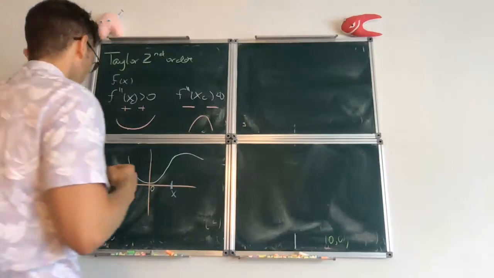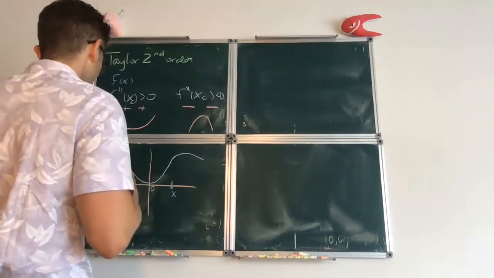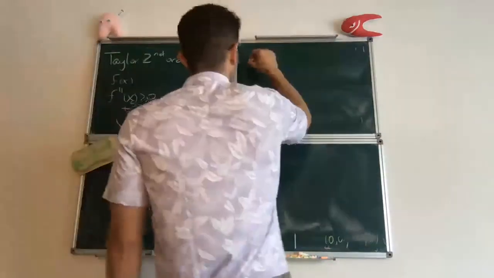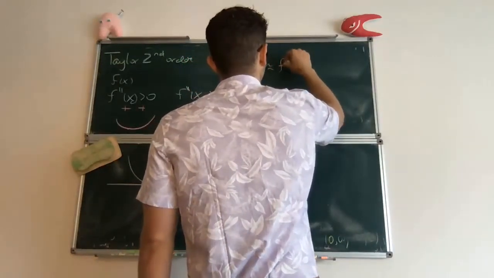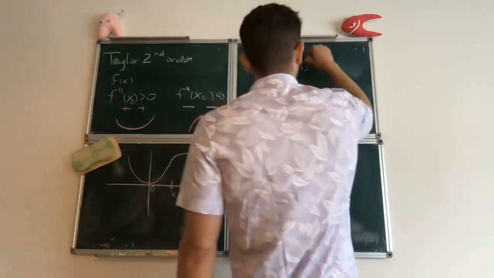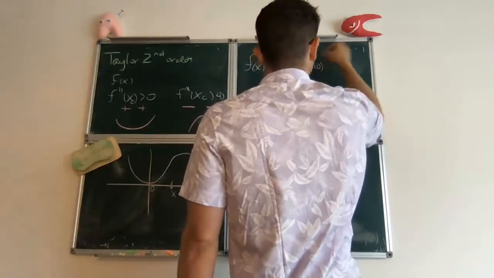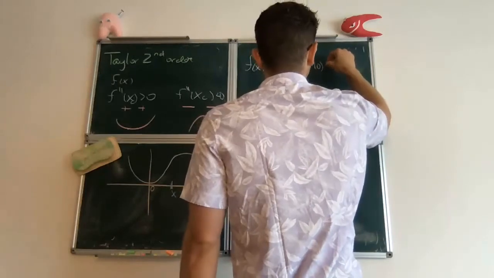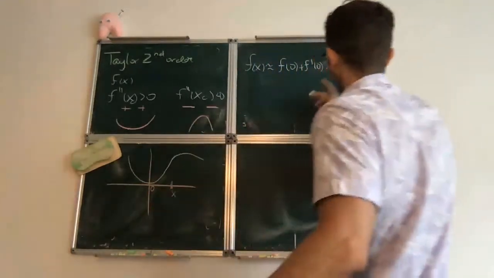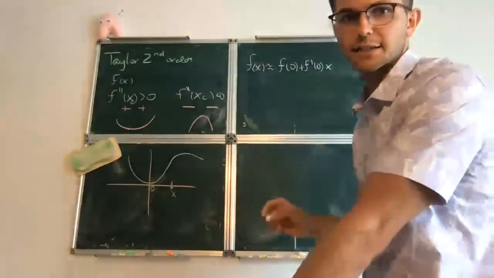Then again, by using Taylor's expansion, you would say that f of x can be approximated by f at 0 plus f prime at 0 times x minus 0, right? That's the advantage of using the origin as your reference point. You don't have to put x minus x naught here.